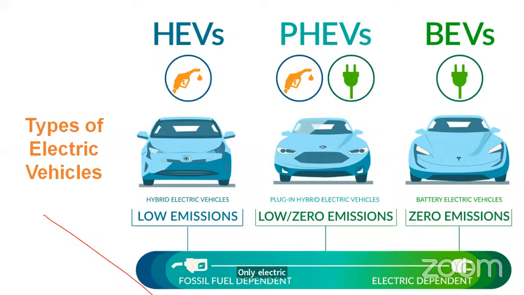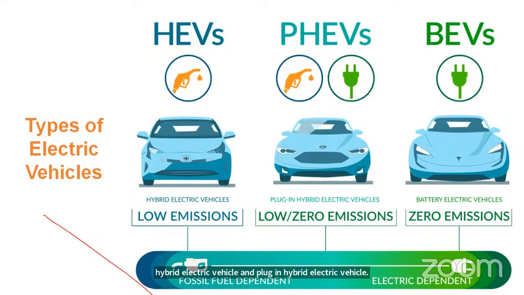But when we come to other electric vehicle options, we have hybrid electric vehicle, and then plug-in hybrid electric vehicle. So majorly we have three types of electric vehicle: battery electric vehicle, hybrid electric vehicle, and plug-in hybrid electric vehicle.